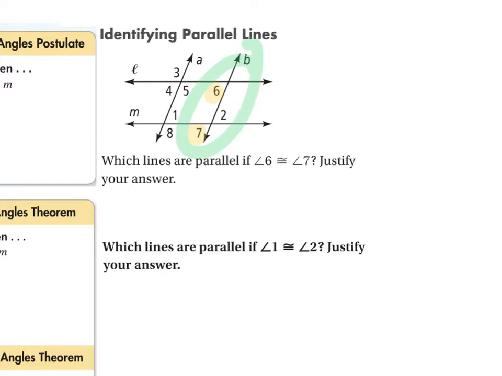You can't do anything with that line A. So if they're corresponding angles and they are congruent, that would mean that line L is parallel to line M. Why? Because of the converse of the corresponding angles postulate.